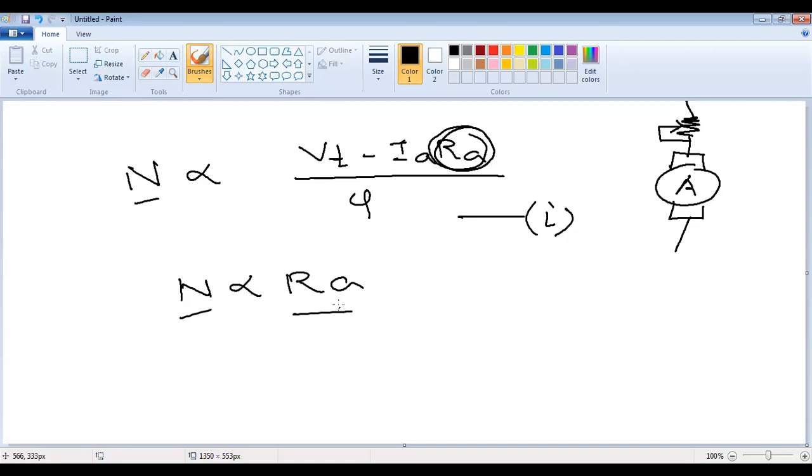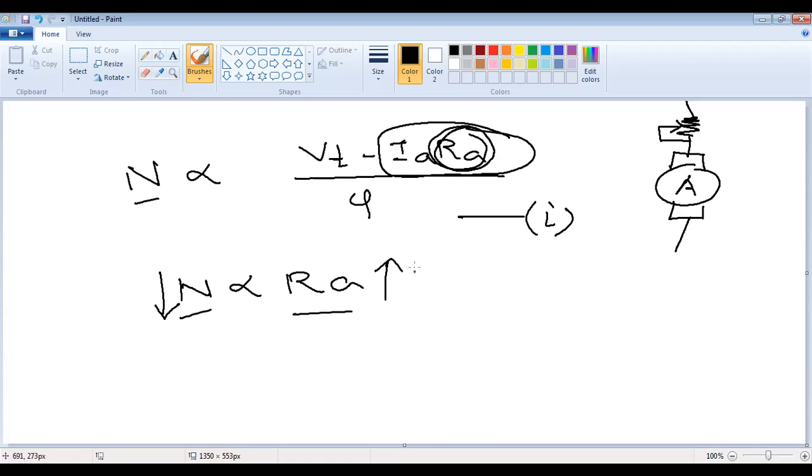Yes or no? Yes, sir. So if we increase the resistance, then the total value in the numerator decreases, so the speed of the motor is decreasing.